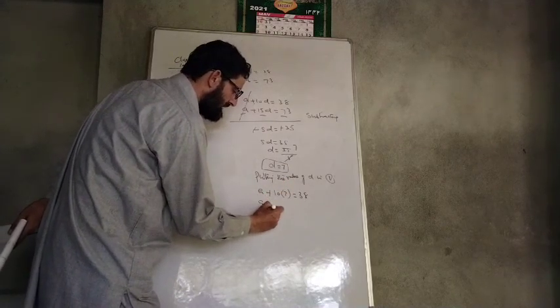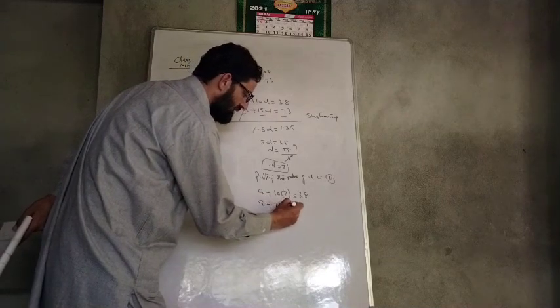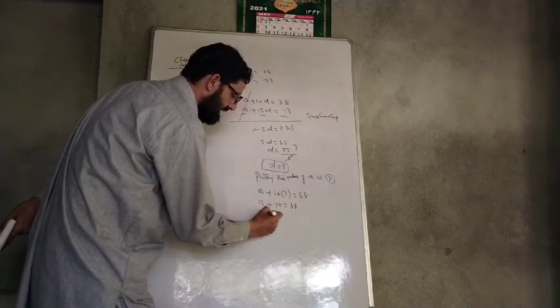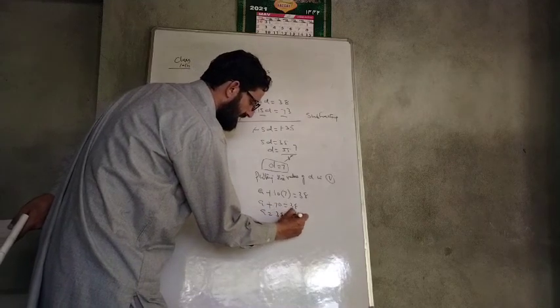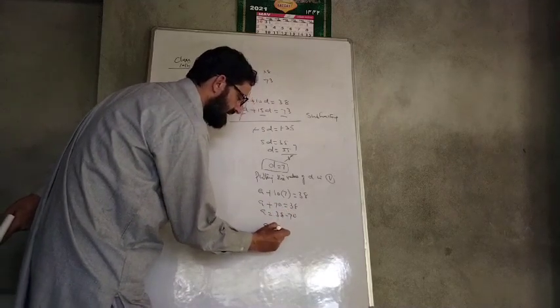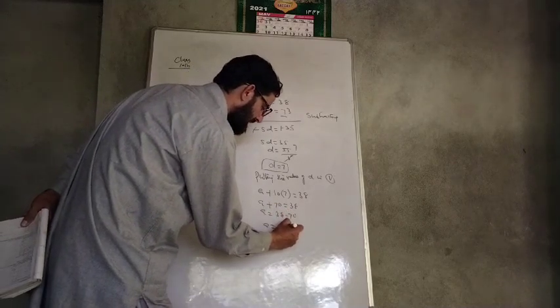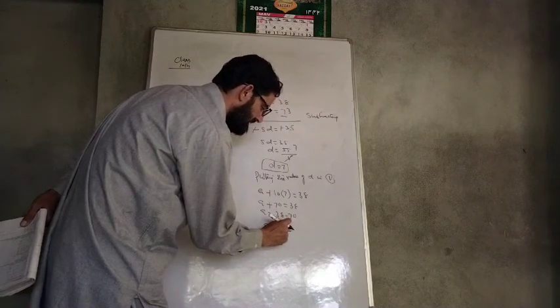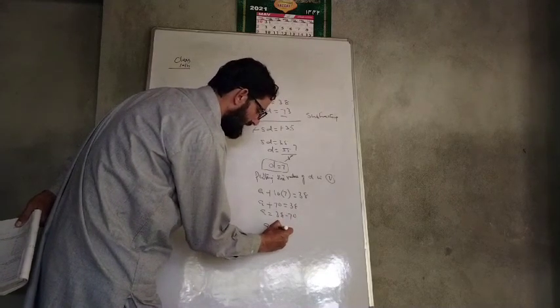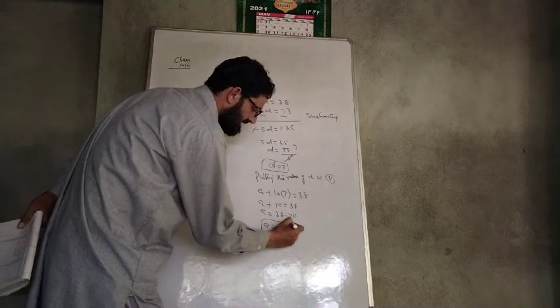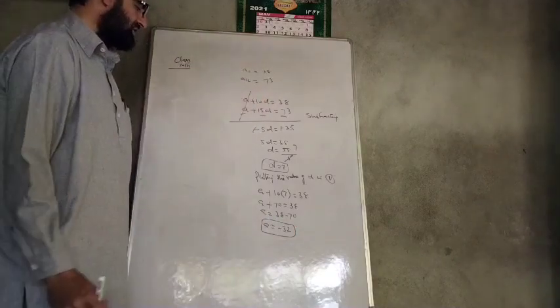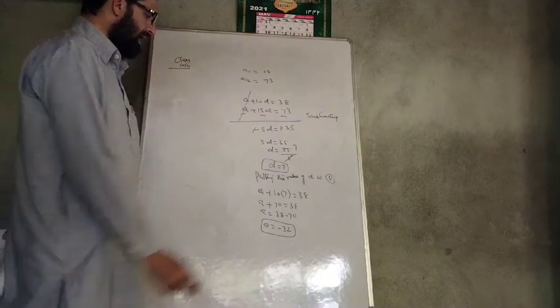So a plus 10 sevens are 70 is equal to 38. What is a? a is equal to 38 minus 70, which is minus 32. So a is minus 32 and d is 7.